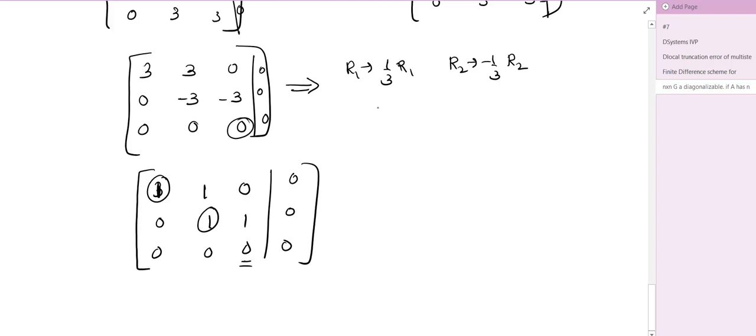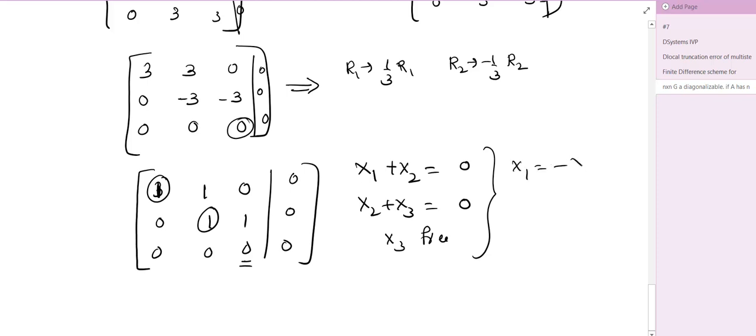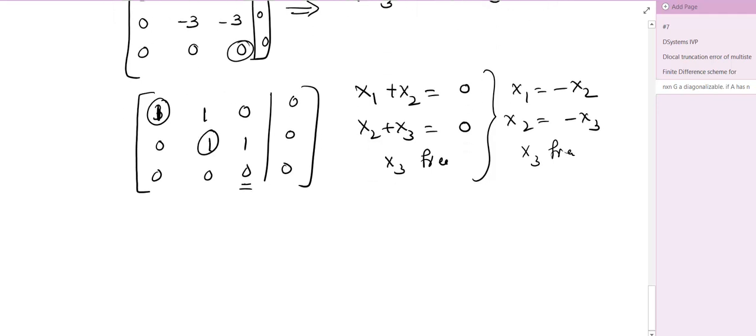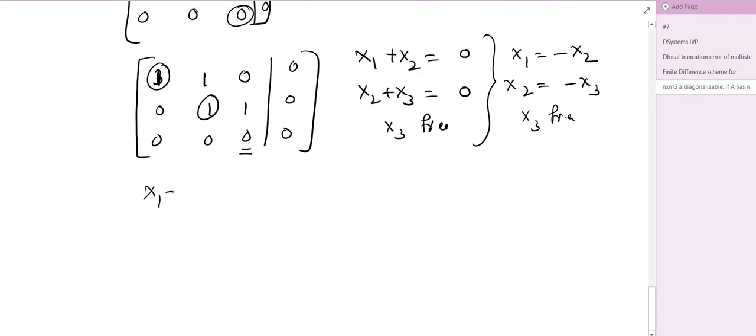x1 plus x2 is 0 and x2 plus x3 will be 0 and x3 is free. So this will give us x1 is equal to minus x2, whereas x2 will be equal to minus x3. So x2 value we can substitute here and x3 is free. So x1 will become minus of minus x3, that is x3, and x2 will be minus x3 and x3 is free.